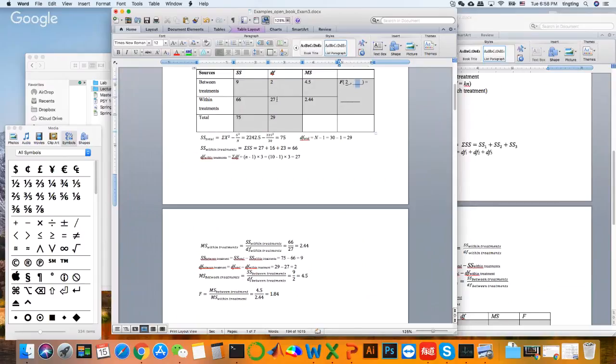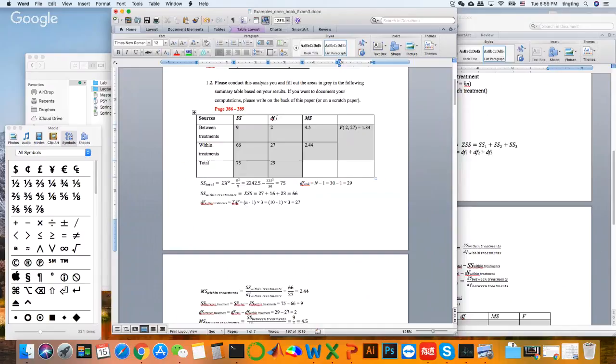And the second number here is the DF of the denominator, which is the within treatment. And here should be 27. So the F ratio, this number I will just compute, is 1.84. So we have our answer.